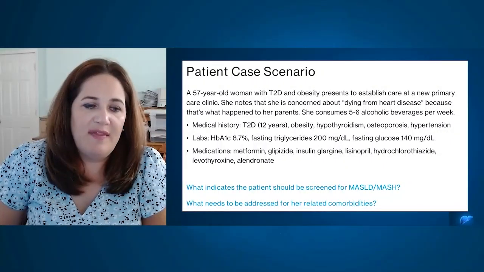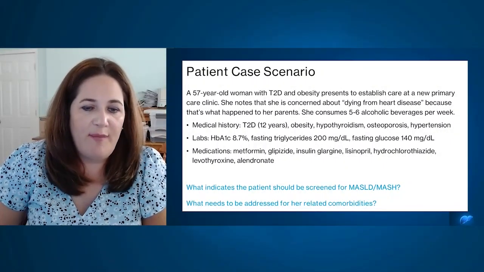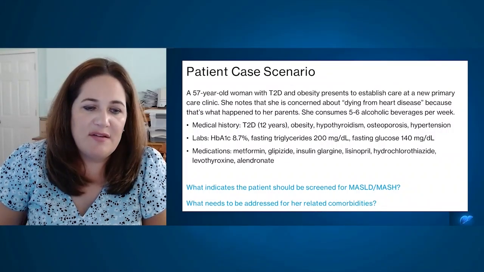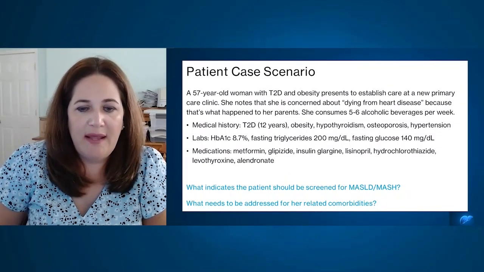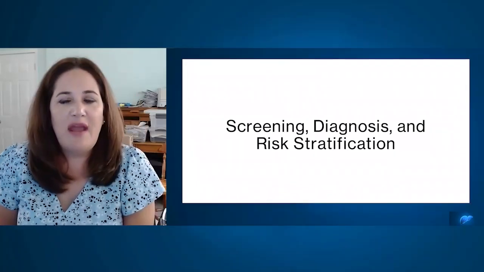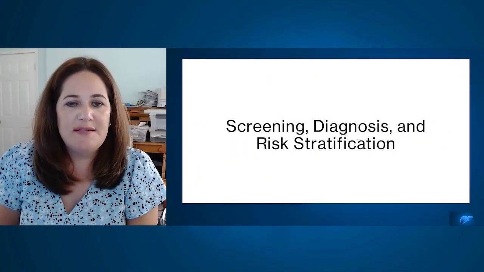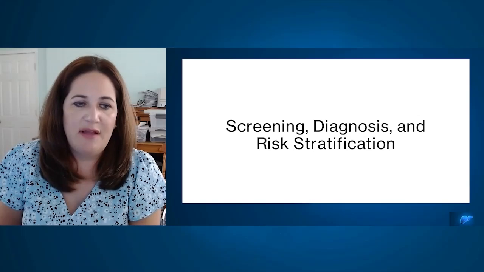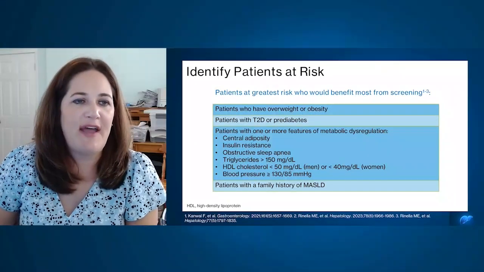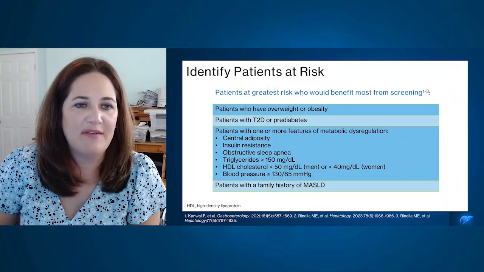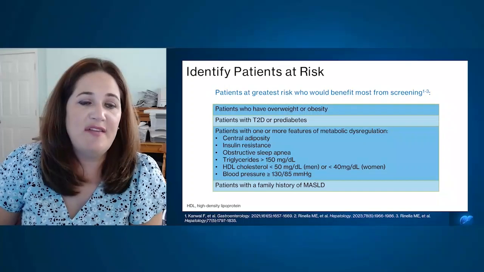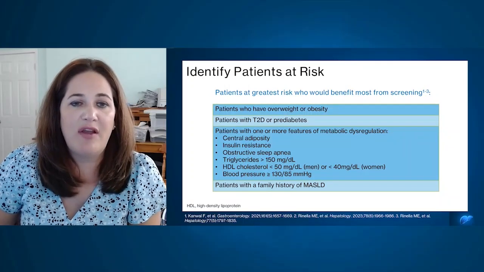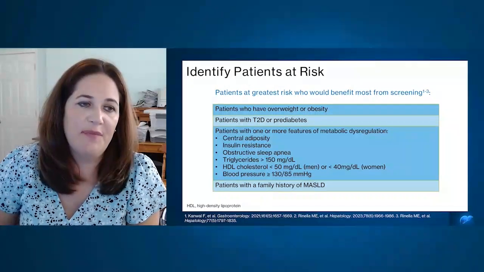What indicates the patient should be screened for MASH or MASLD? And what needs to be addressed for her related comorbidities? So next we're going to go into screening, diagnosis, and risk stratification. So how do we identify patients at risk with MASLD or MASH? The patients at greatest risk are the ones that are going to benefit most from screening.